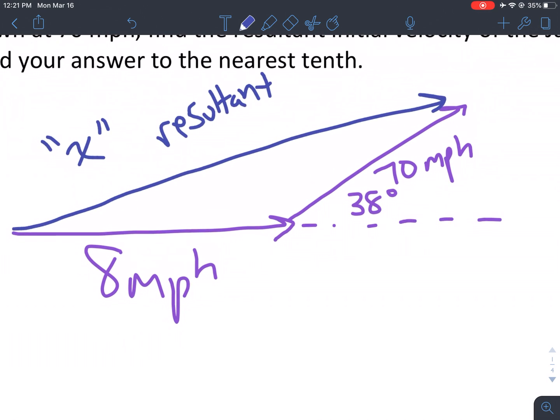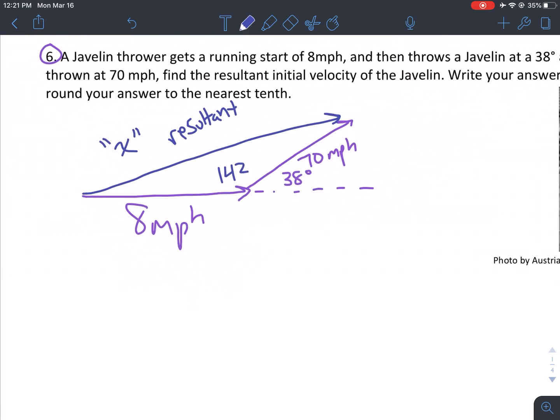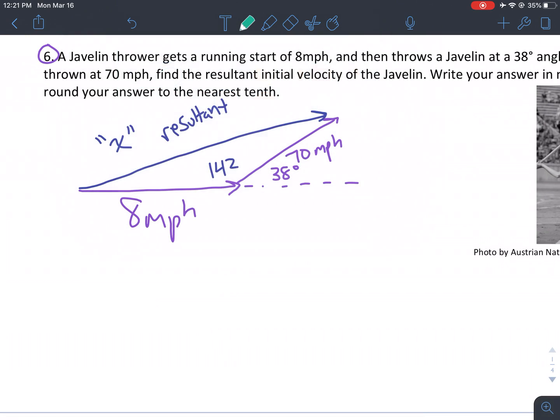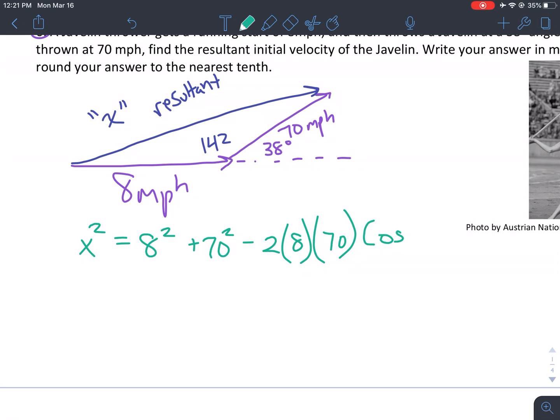We can figure out the angle inside of the triangle by doing 180 degrees minus 38, and that's 142. So this is a perfect law of cosines problem, where x squared is equal to 8 squared plus 70 squared minus 2 times 8 times 70 times cosine of 142 degrees, the angle between them.